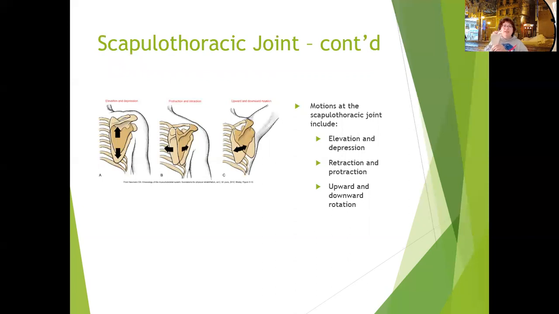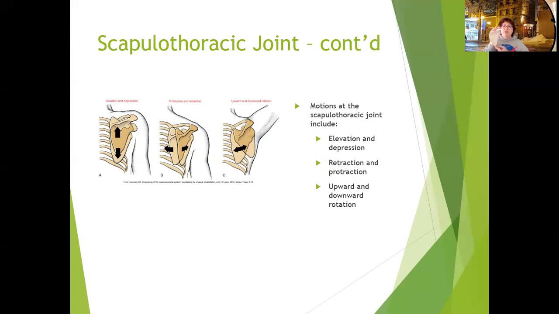The motions at the scapulothoracic joint include elevation and depression. That's the scapula going superior, inferior. Retraction and protraction, that's the scapula moving anterior and posterior along the rib cage. And upward and downward rotation, and that's what accompanies glenohumeral motion.